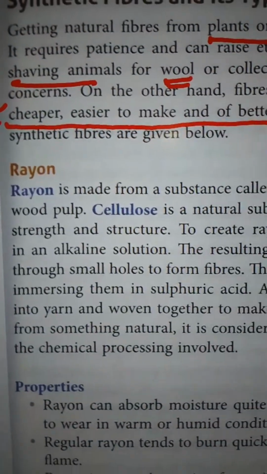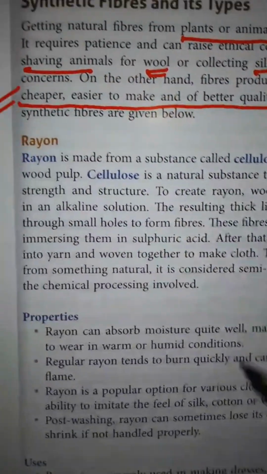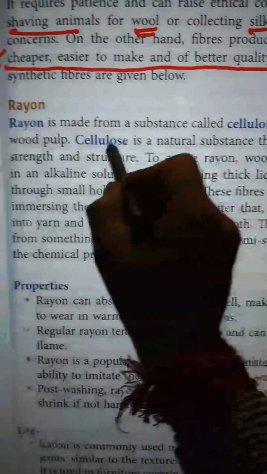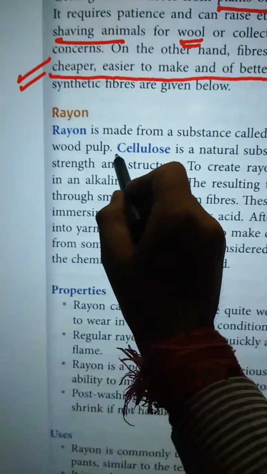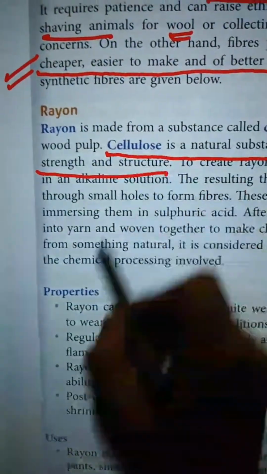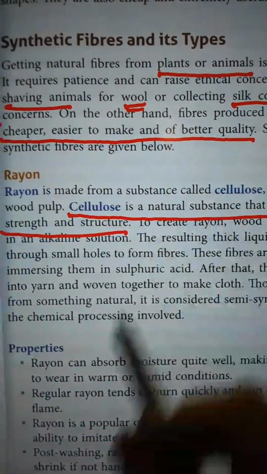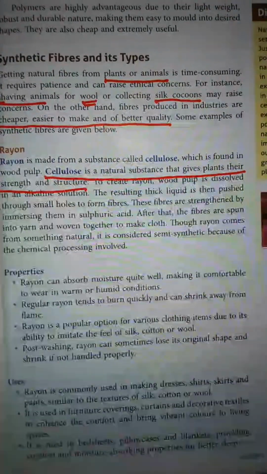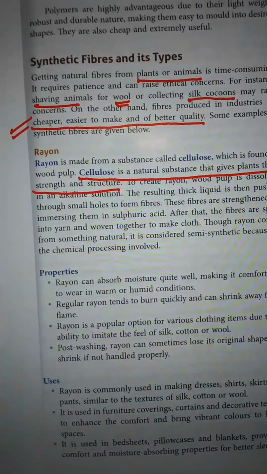Rayon is made from a substance called cellulose. It is made up of cellulose which is found in the wood pulp. So what is cellulose? This is a natural substance which gives plants their strength and structure. Whenever you cut any vegetable or plant, there are thread-like structures which come out.